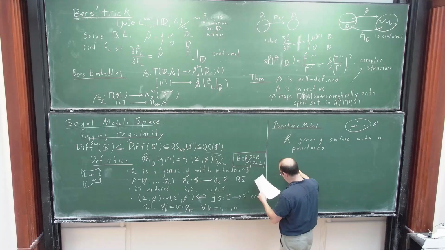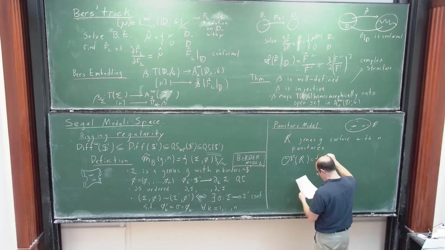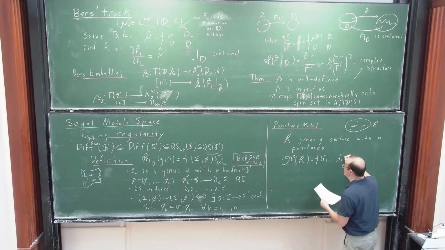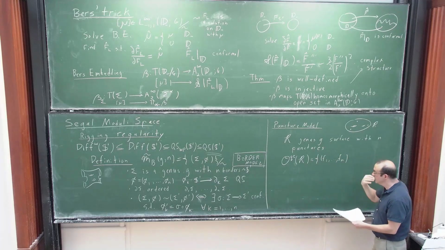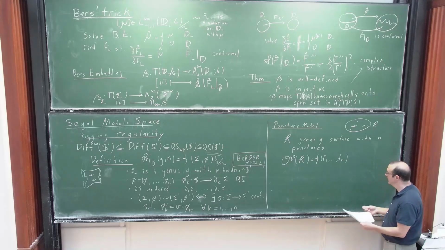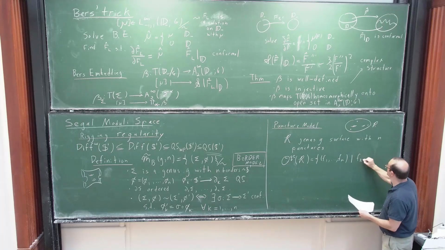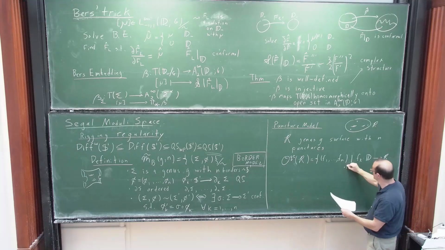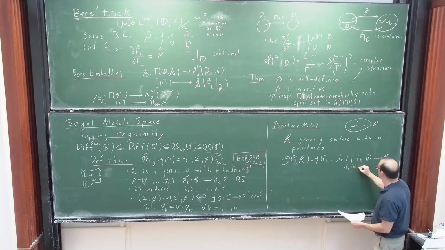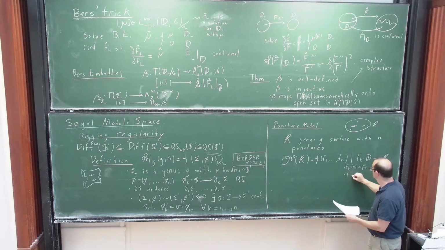David and I came up with this rather horrible notation, and now we're stuck with it. We call it OQCR. I guess we were thinking of germs of quasi-conformally extendable conformal maps. I don't like it anymore, but it's too late. These are maps from D into the surface satisfying a bunch of conditions. They should take 0 to the punctures. They should be conformal.